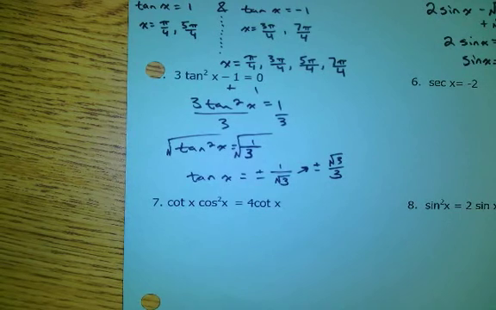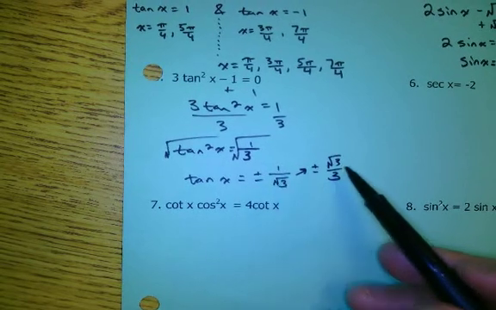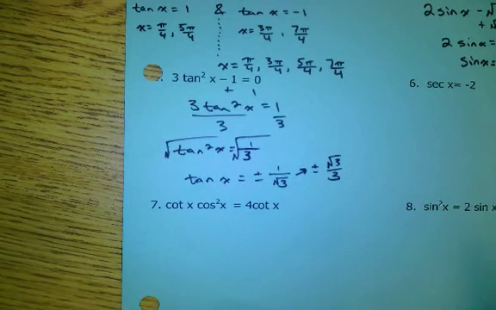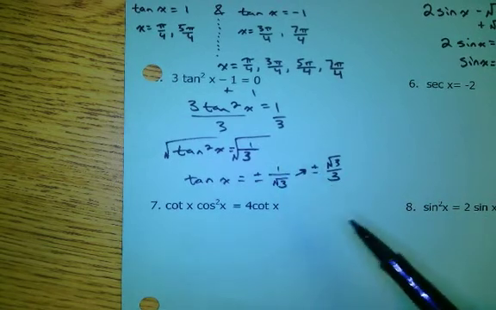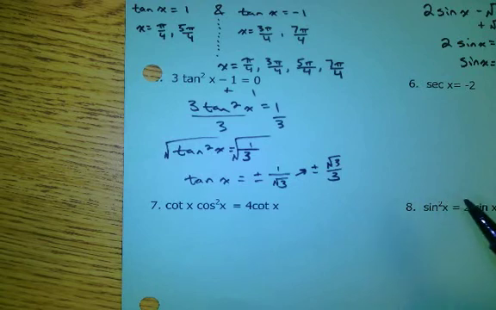It's called rationalizing, right there to there. The square root of 1 is 1. Okay, but just leave it as 1 over root 3.